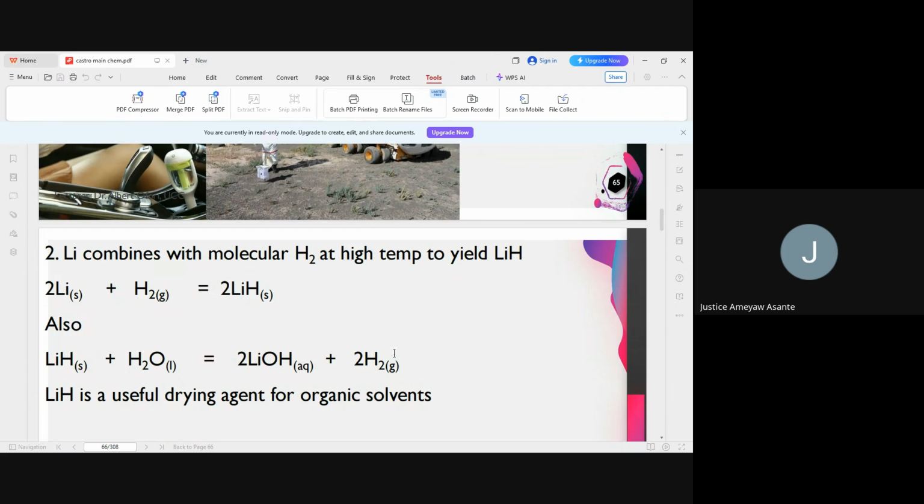Lithium can also combine with molecular hydrogen at high temperature to yield lithium hydride. And that is also the illustration. So here, hydrogen is showing an oxidation state of -1 because lithium is losing the electron and it is being taken by hydrogen.